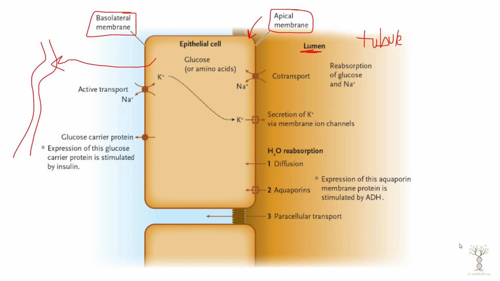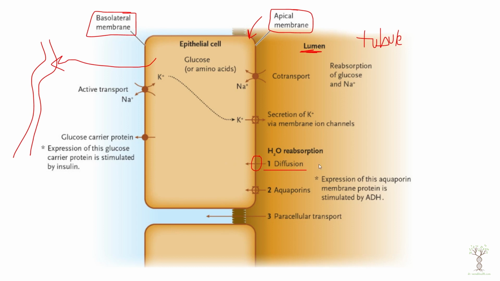Now, if we look at water first, water can move from the lumen of the tubule back into the bloodstream in 3 different ways. First, it can diffuse across the membrane, or really, like we usually think of this as osmosis. Water can move across the membrane and it does not need a membrane protein.